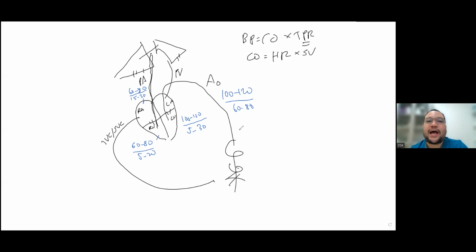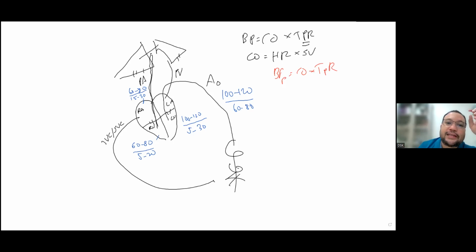Tapi if you look at the right side, bila right side you are looking at the pulmonary. So instead of total peripheral resistance, the BP for pulmonary will be cardiac output times total pulmonary resistance.